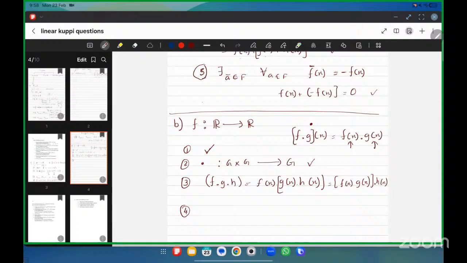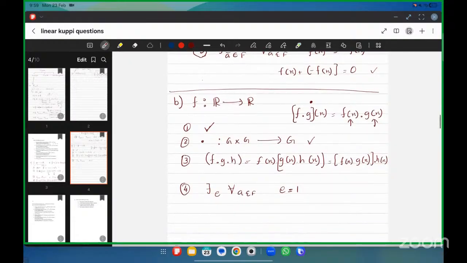Here the fourth condition is there exists an identity element for all a in F. The identity element here is 1. One more thing: this identity element should also be in that same set. If not, we can consider it is not a group.